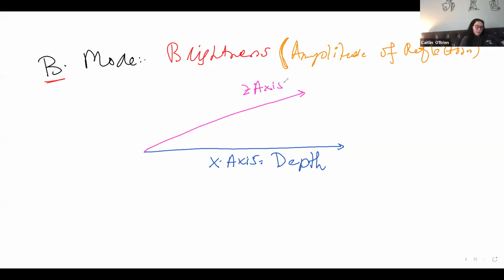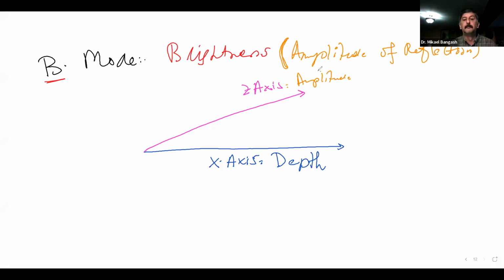Good. Now, what the z-axis will display is the amplitude. We'll just say that this amplitude is going to get directly translated into brightness.